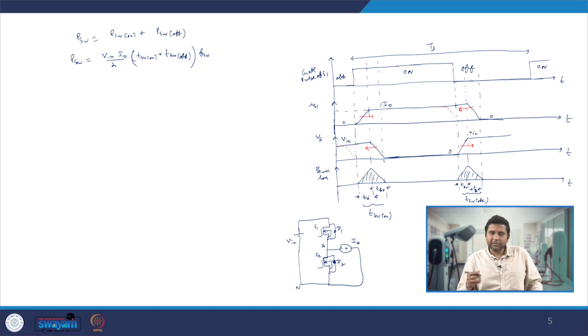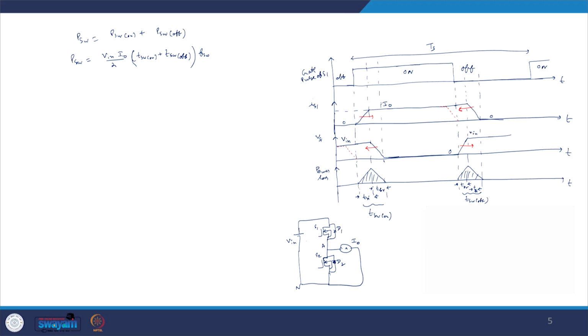That can also avoid this overlapping of rising current and falling voltage, or falling current and rising voltage, and that's when I can avoid the T switch on period and T switch off period. It will also help in reducing sharp dV/dt and dI/dt, as the voltage or current transitions are now governed by the arrangements we have made to make the voltage fall to 0 before the current rises during turn on, and the current fall to 0 before the voltage rises during turn off.